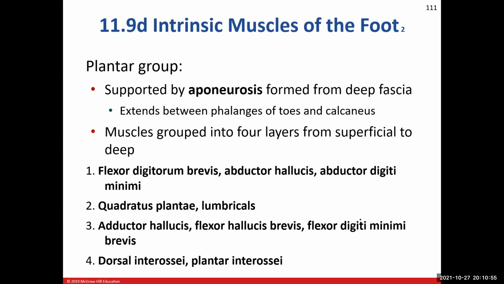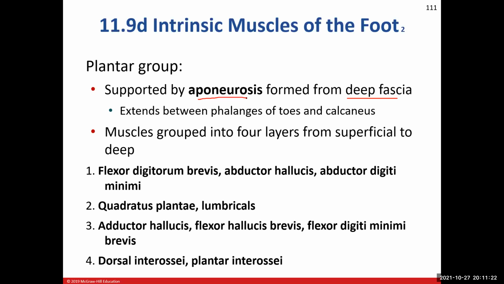All right, so when we're talking about our plantar group, this is when we're getting a little bit deeper here. And of course, if we're getting down into the deep fascia, our aponeurosis, this is where sometimes folks will complain of plantar fasciitis, because they're complaining of the plantar fascia, but these muscles are going to be in close proximity.